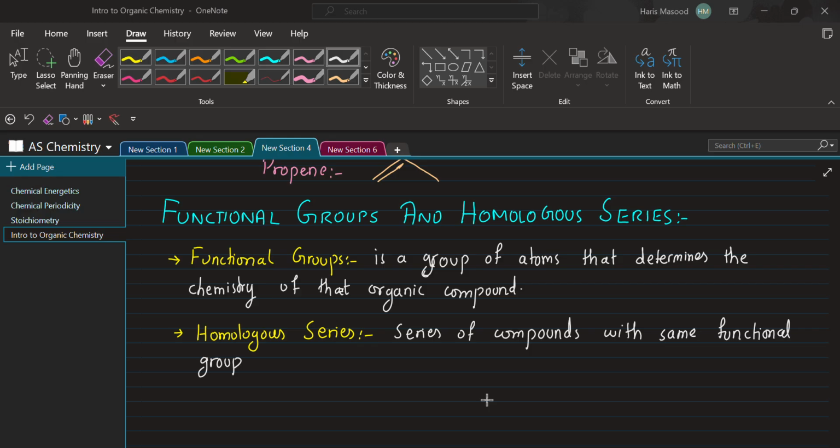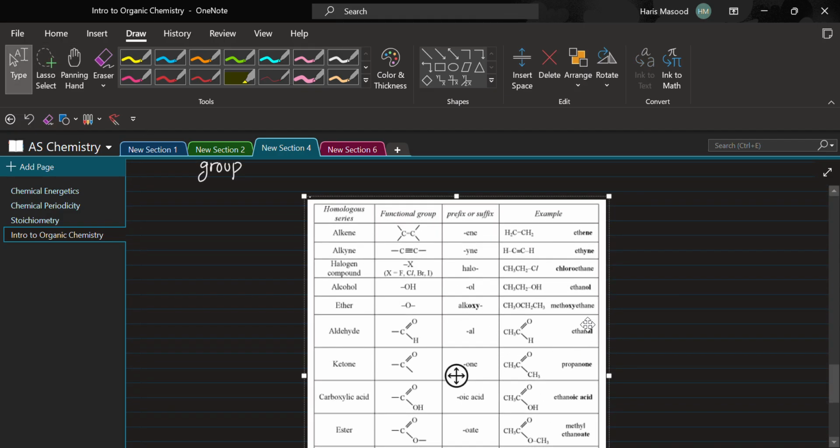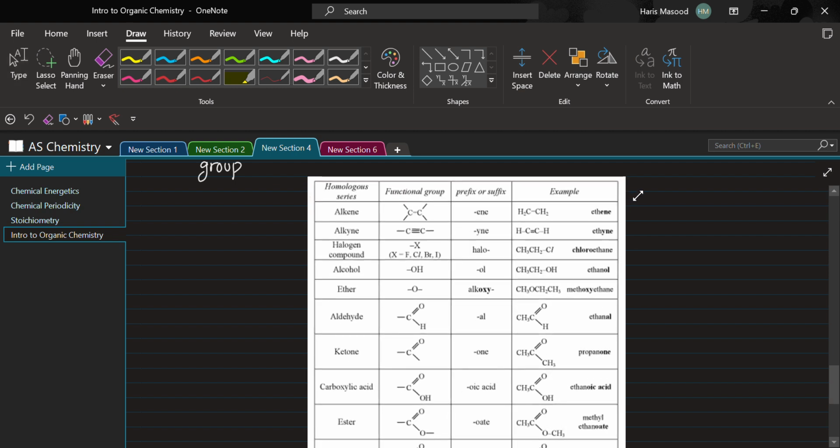Now I have a table here. I'll just show you that table. These are mostly the whole functional groups that we will be studying in the whole organic section. First is the homologous series alkene.